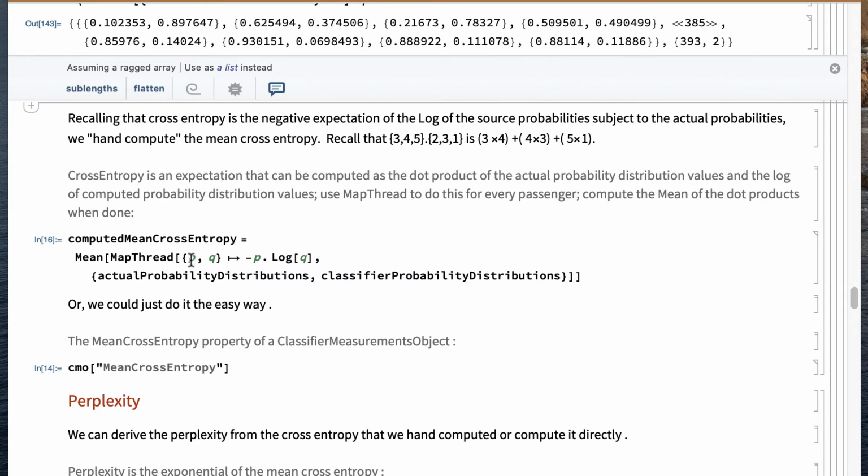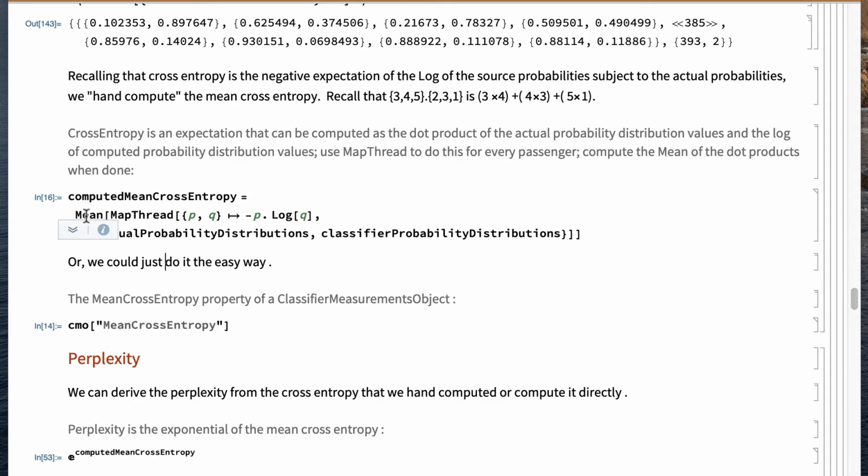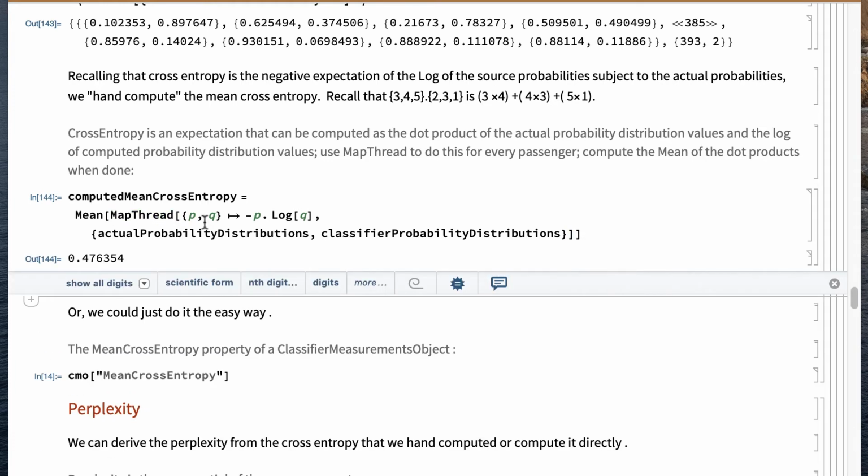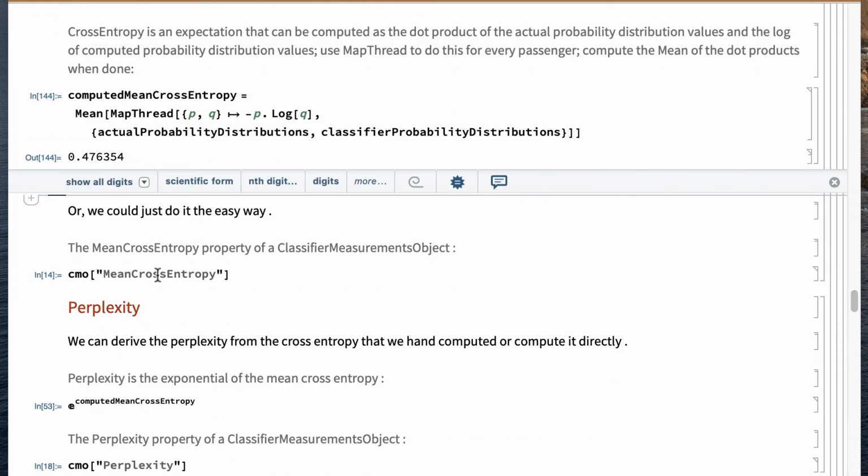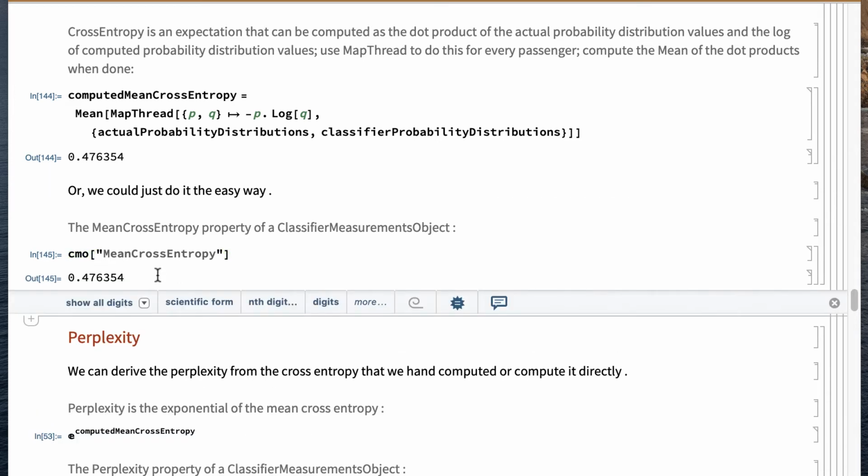So that's what this code here is doing. And at the end of all of this, we're just going to take the mean. So if anyone ever made you do it by hand, which would be kind of mean, you could do it. Or, thankfully, you don't ever have to see this again. You can just say, hey, Wolfram kernel, what's the mean cross entropy? And it would tell you.